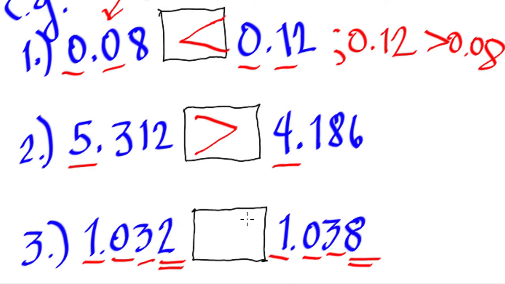So we can clearly state that 8 is greater than 2. Therefore, what symbol shall we write here? We shall write the less than symbol, since 1.032 is less than 1.038.